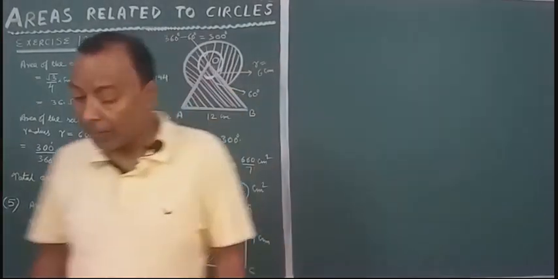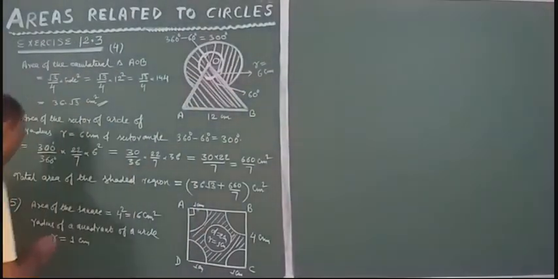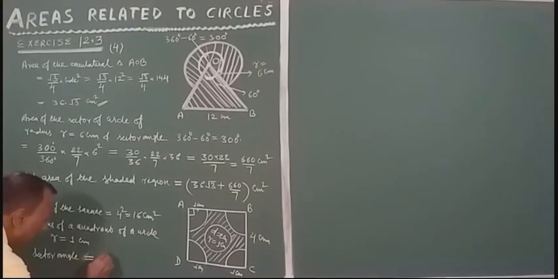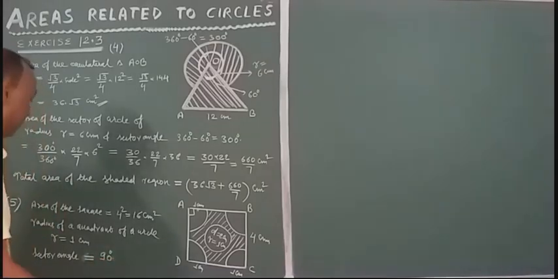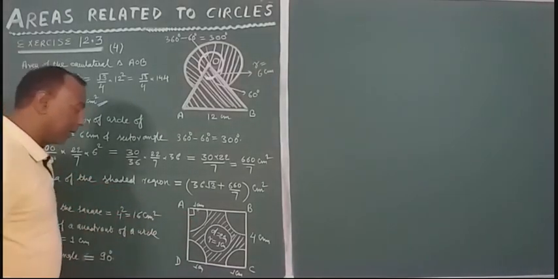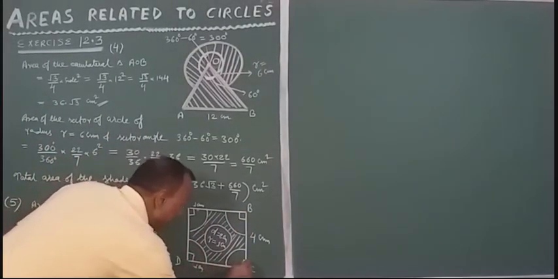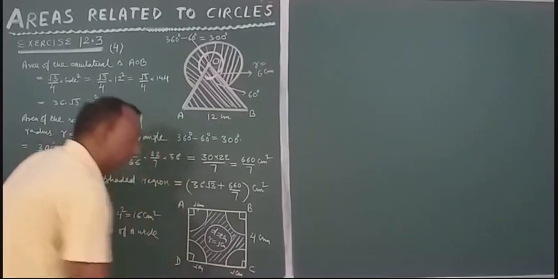So what is the sector angle? Sector angle is 90 degree. Now how many quadrants are there? 4. So first we will find the area of quadrant.